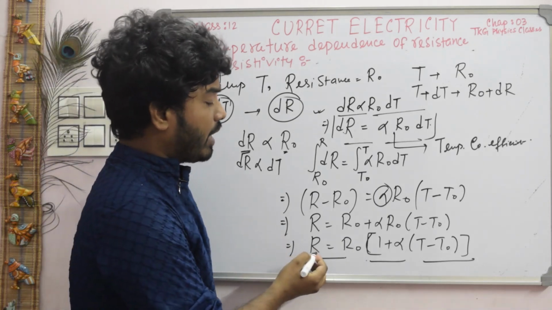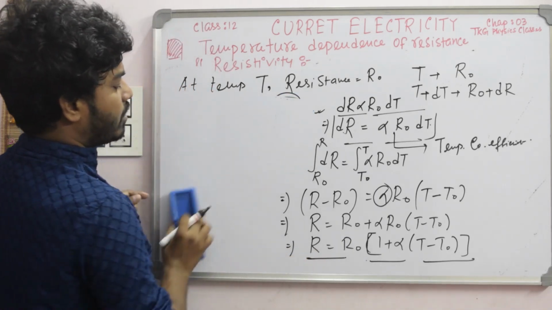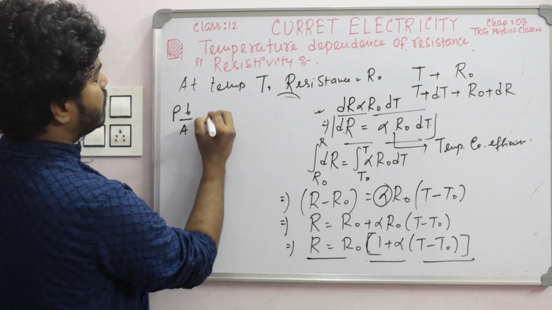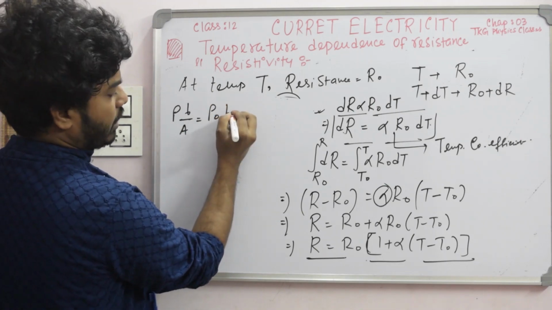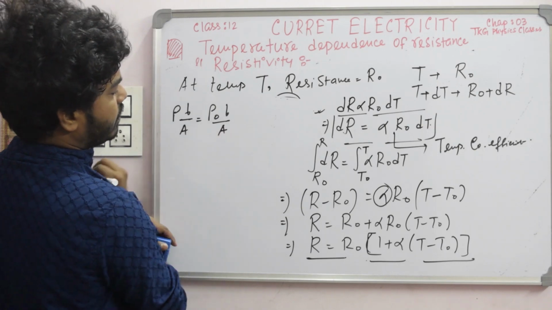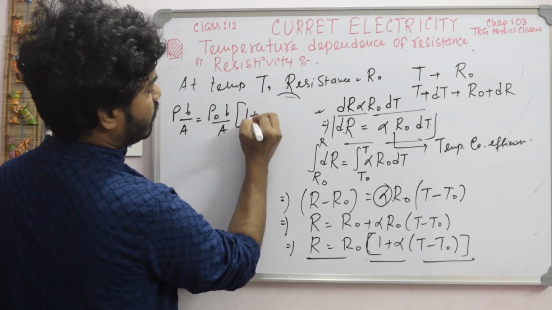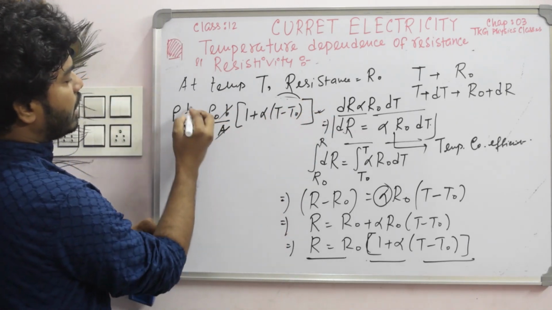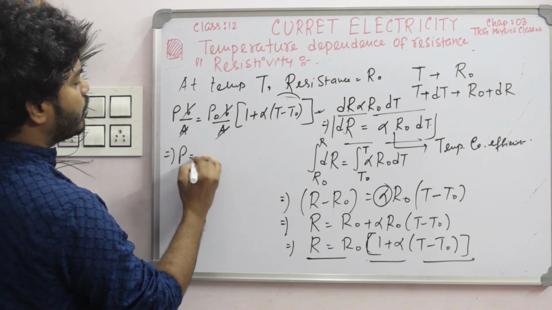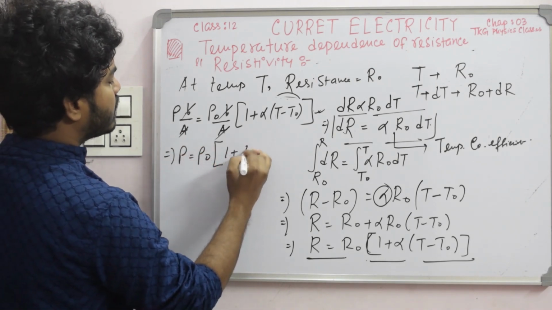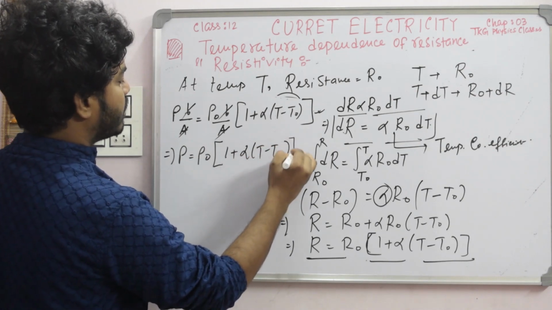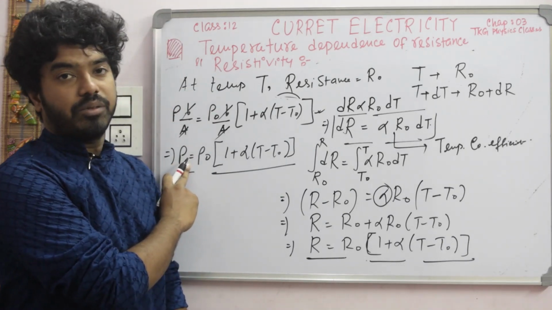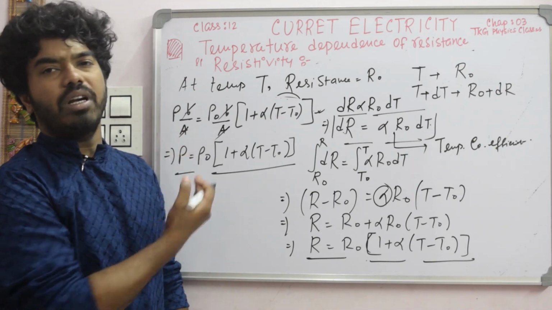Now you know R is equal to rho L by A, and R naught is equal to rho naught L by A. So L cancels out, and this equation becomes rho is equal to rho naught into 1 plus alpha times T minus T naught. This equation gives the variation of resistivity with respect to temperature in the case of a conductor.